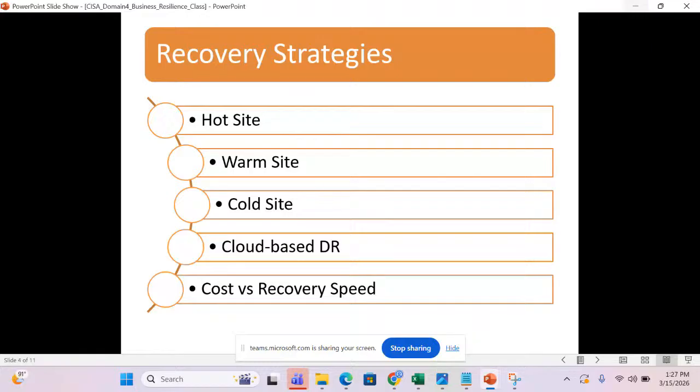Now speed. Before we pick whatever disaster recovery plan we want to put in place, we need to look at speed. When we look at speed, we look at RPO. If I say my RPO is 0, no downtime, it therefore means that whatever disaster recovery I put in place must come at a very good speed.